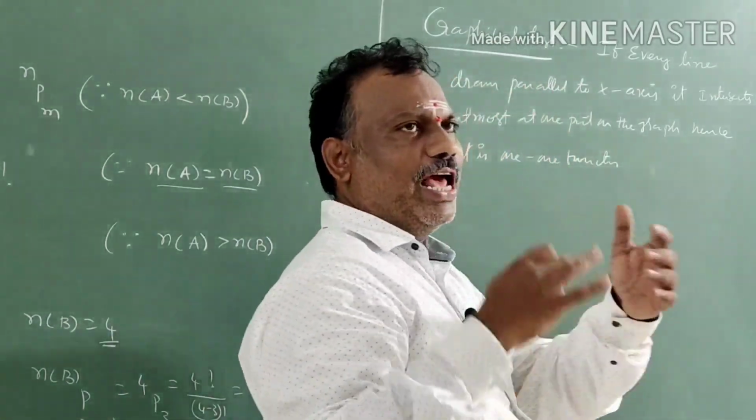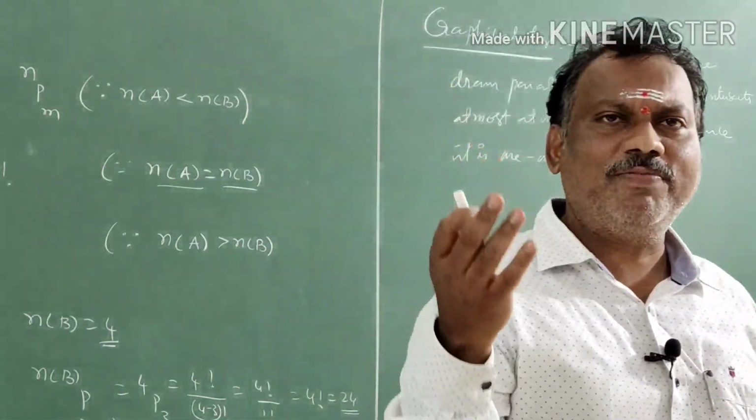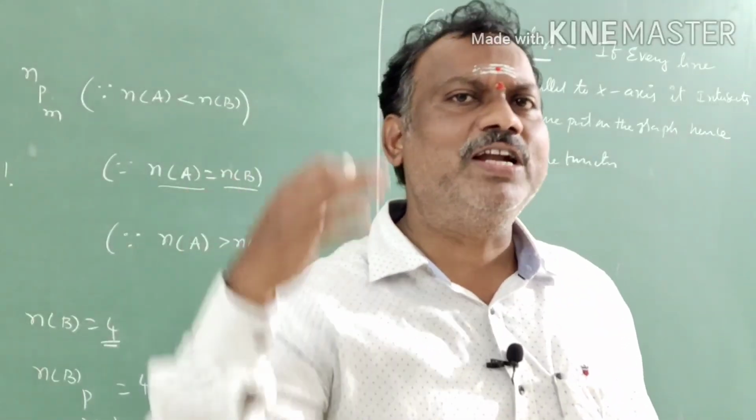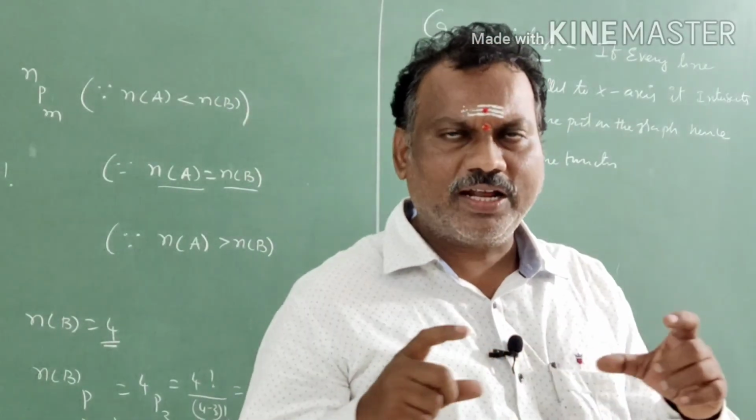Suppose it cuts at more than one point, it is many-one. Why? Because if a function is not one-one, it is a many-one function. Later I will discuss many-one. So remember the graphical test.